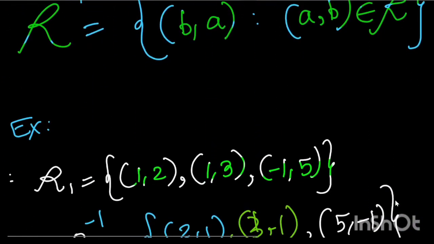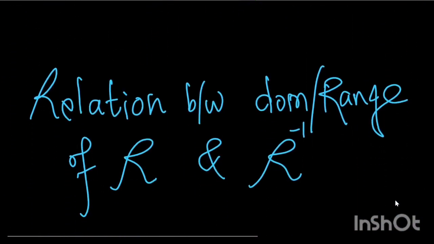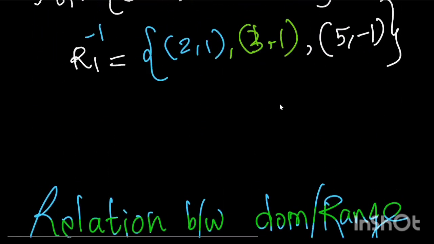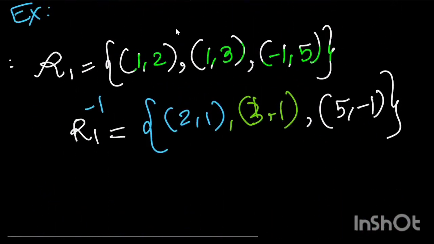Okay. So what is the relation between domain and range of R and R inverse? Now if I ask you what is the domain of R inverse and range of R inverse in terms of domain and range of R. So as you can see here, what was a part of the range of R1, 2, 3, 5, now became a part of the domain of R1 inverse.